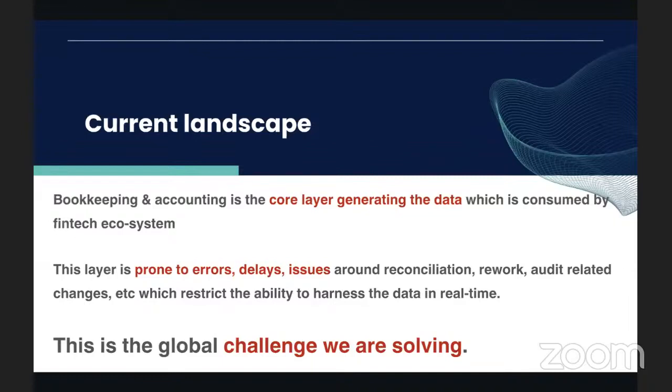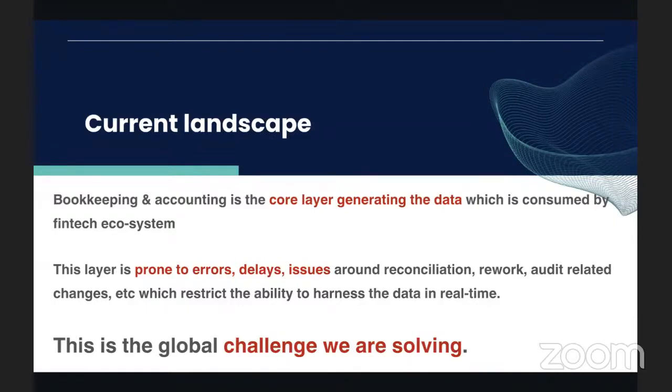Almost 80% of the market is working on legacy systems, which do not generate data in real time for it to be consumed upstream for any kind of value addition. And this is a problem which is global in nature.